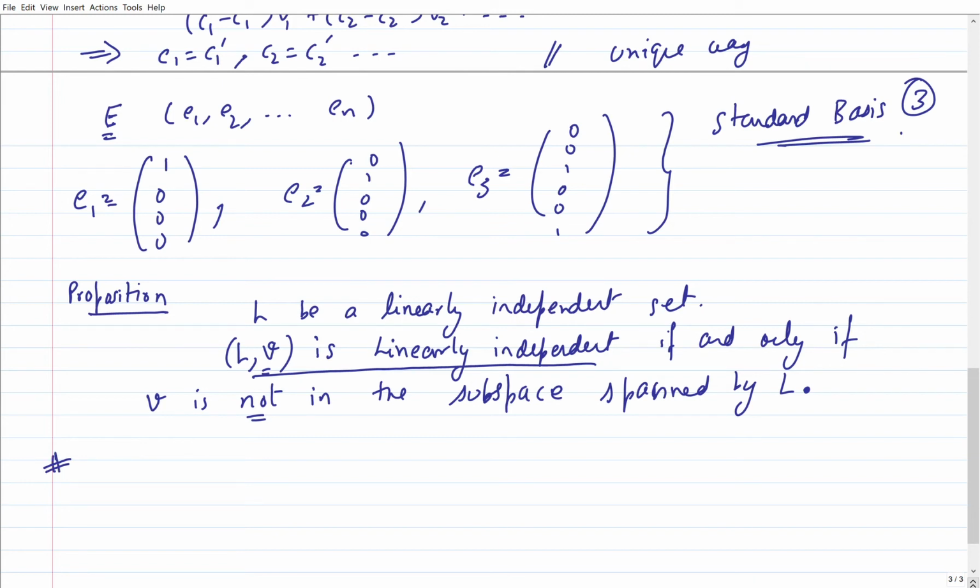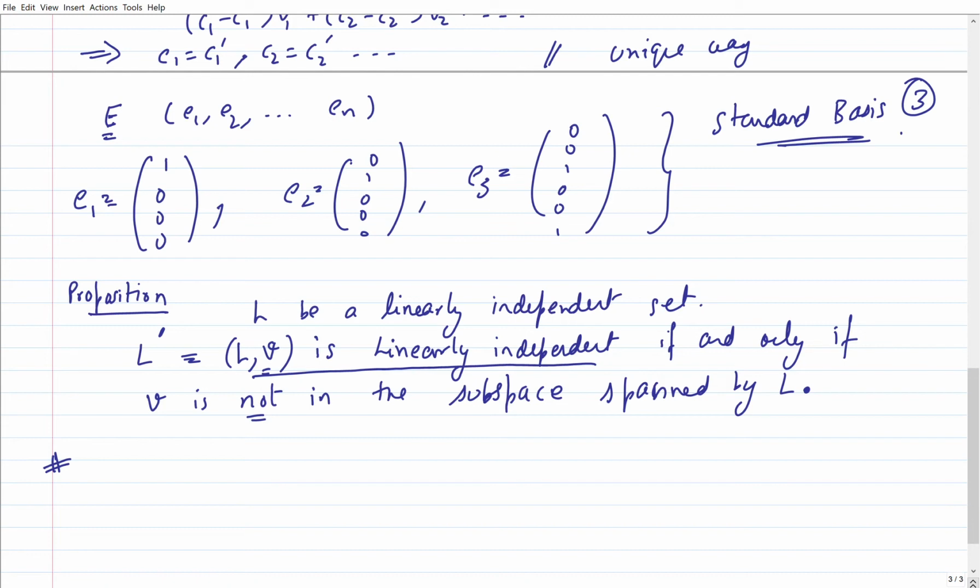Well, you can consider this set, what I can call as L prime, you can consider this to be linearly dependent, and then you can proceed from here. So that can be certainly one of the ideas.